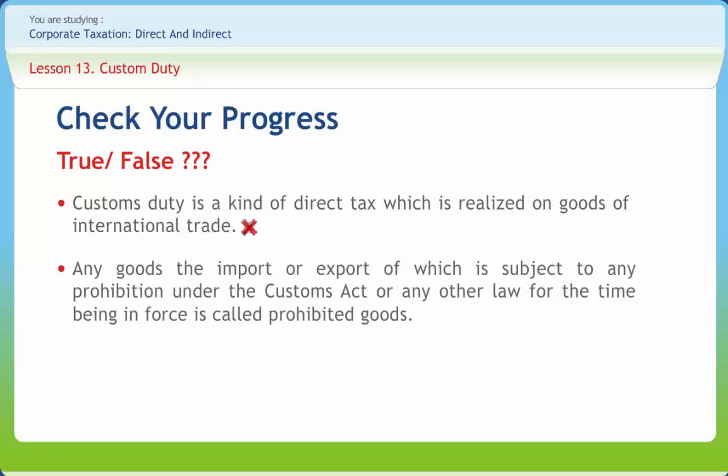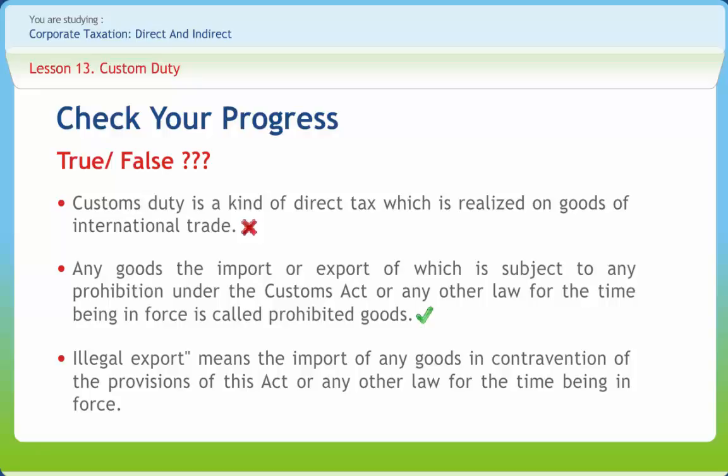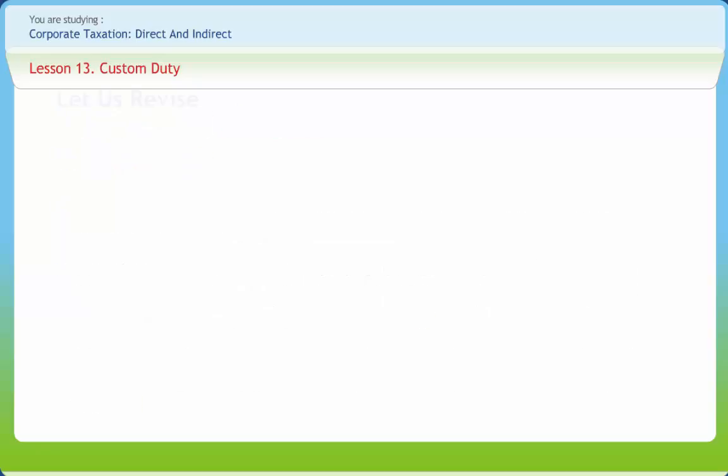Right or wrong? Right. Illegal export means the import of any goods in contravention of the provisions of this Act or any other law for the time being in force. Right or wrong? Wrong.